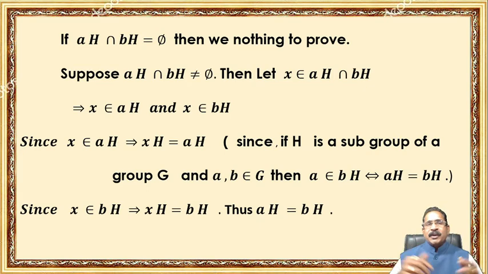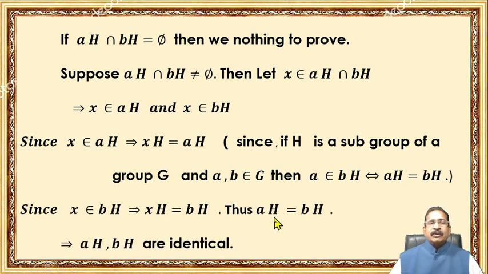Now since x belongs to bH, then xH is equal to bH. Here xH is equal to aH, and here xH is equal to bH. So the left sides are equal, then you can equate the right sides. So aH is equal to bH. So what is our conclusion? These two left cosets are identical.